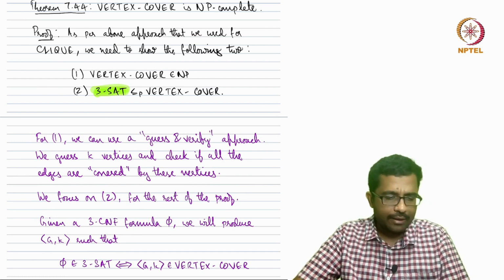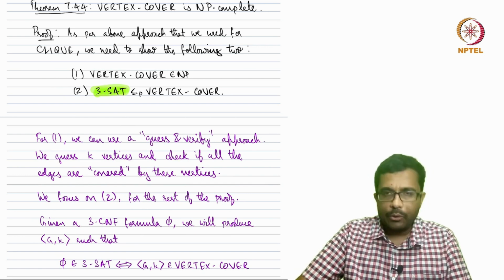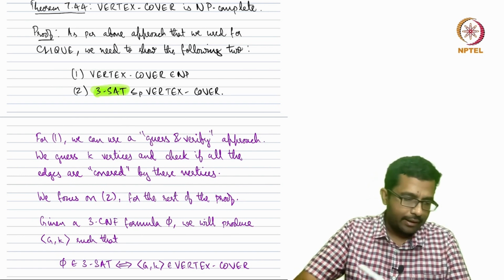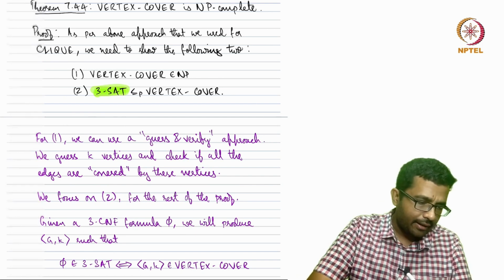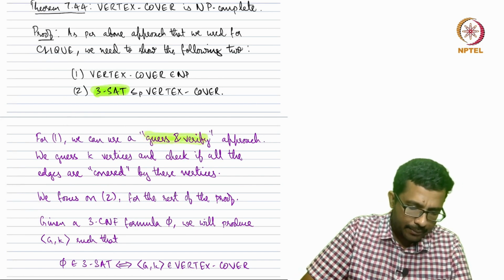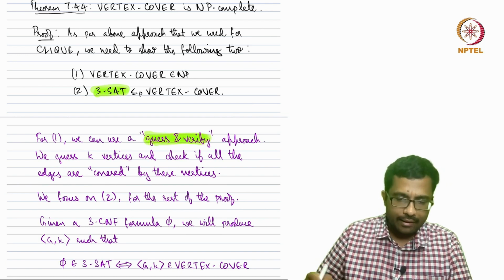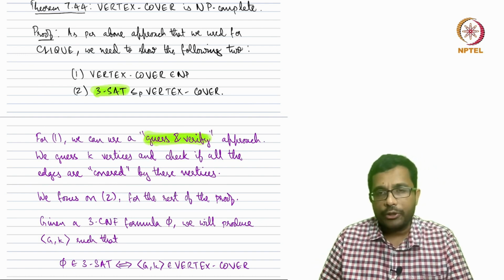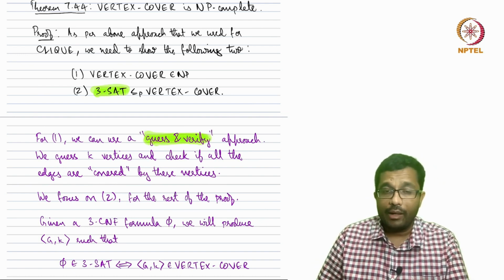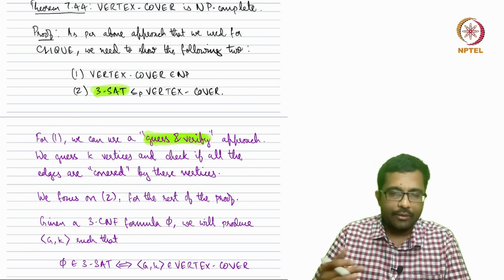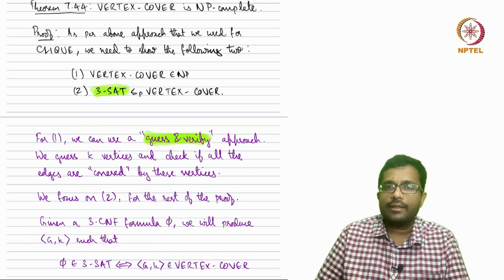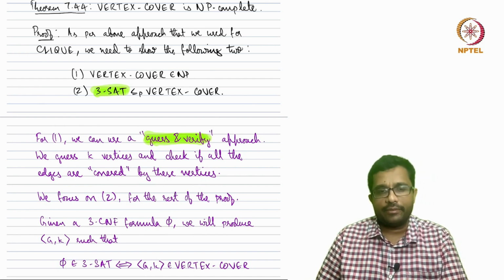So here also we will do the same thing as we did for CLIQUE. We can do a guess and verify type argument. We can guess a subset of K vertices and check whether these K vertices constitute a vertex cover, in other words, whether these K vertices cover all the edges.